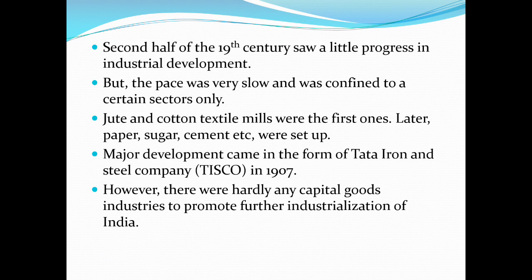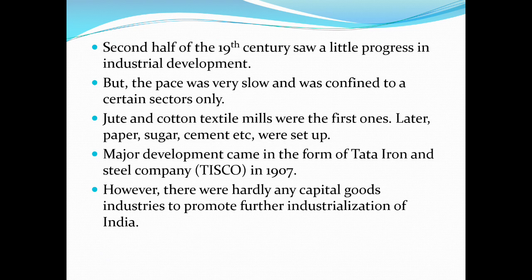So it did not grow rapidly. There was no rapid development in the industrial sector, and it did not impact all sectors of industry. Only particular sectors had a slight growth or progression.